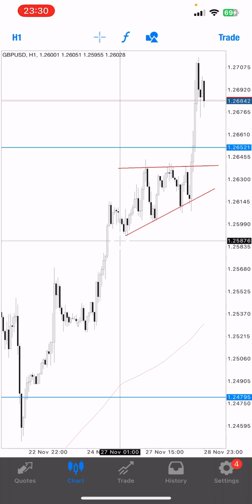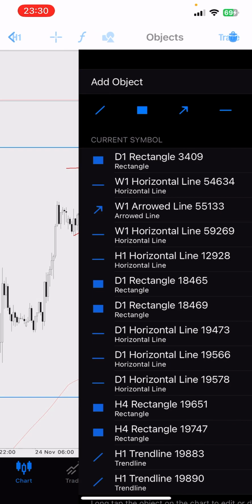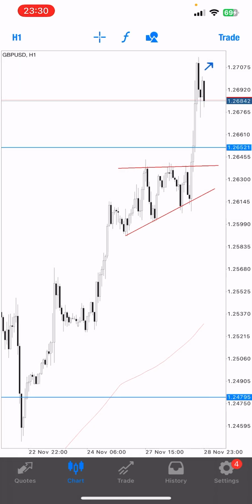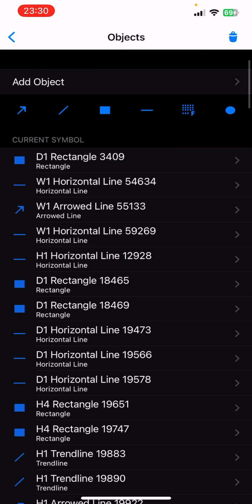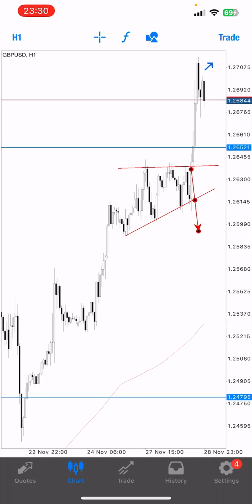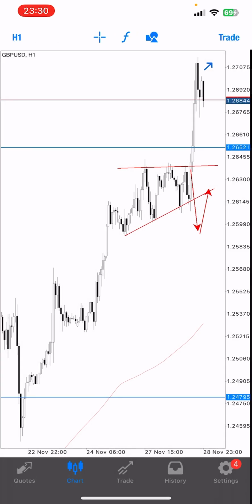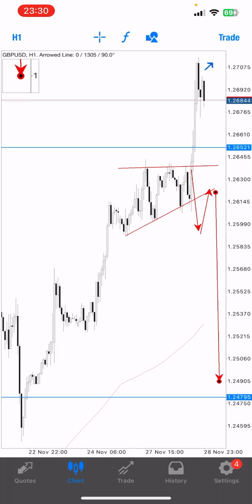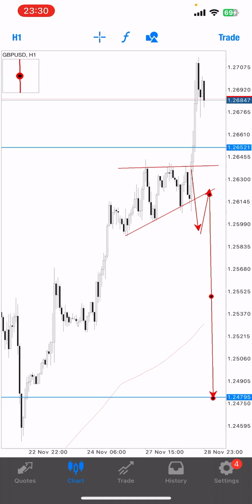But if it had, for example, reached here and broken the diagonal, then created something like this, a retest after a breakout, then we would be able to enter a sell. But it didn't do that. So what you do, you keep waiting until a proper structure is formed in the smaller time frame.